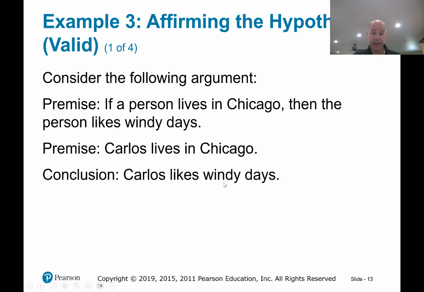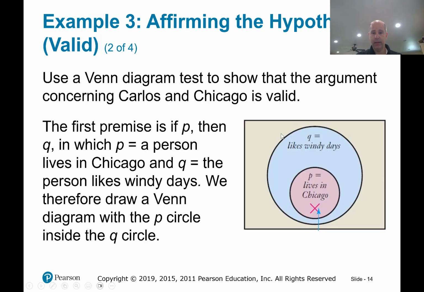Now this is valid, and it makes sense because if premise number 1 is true, and premise number 2 is true, then it necessarily follows that the conclusion has to be true. Okay, and this does have the form of affirming the antecedent.